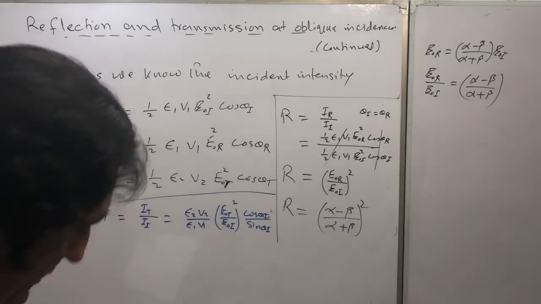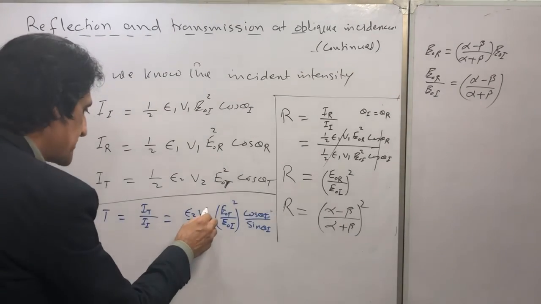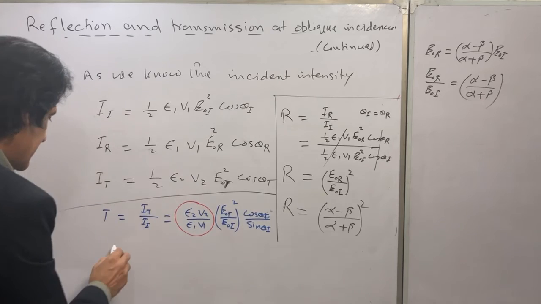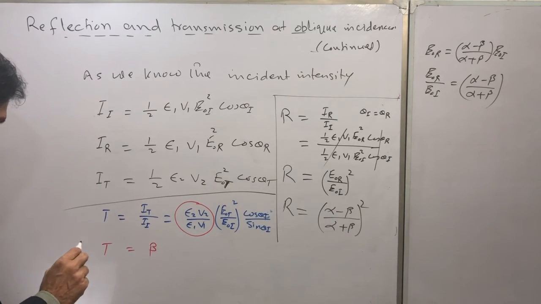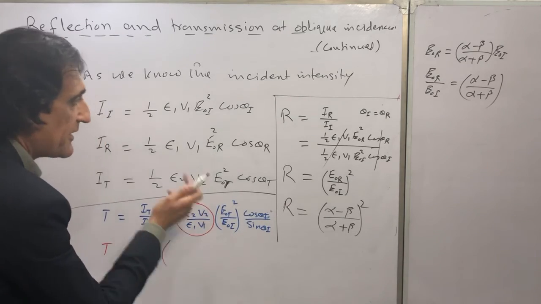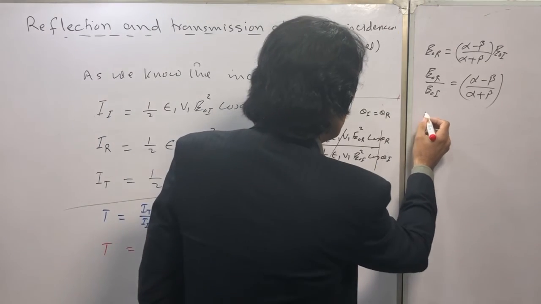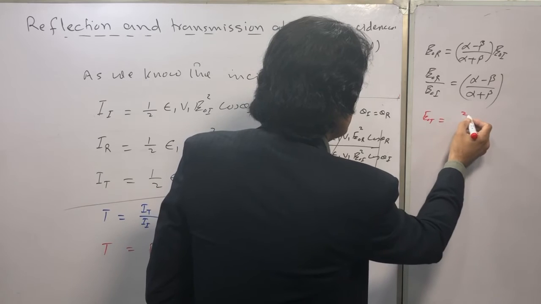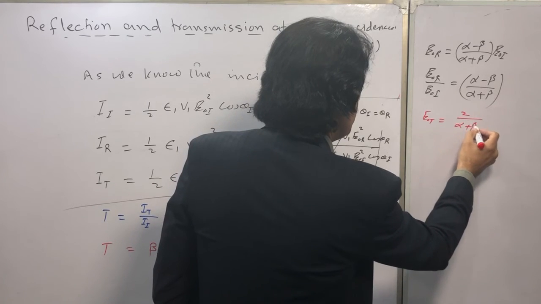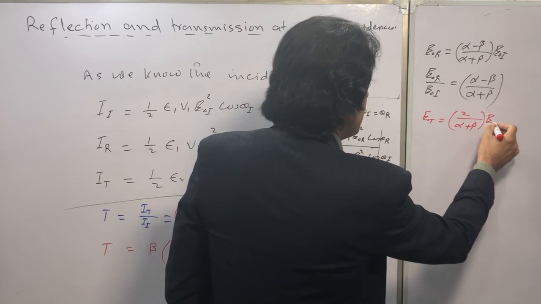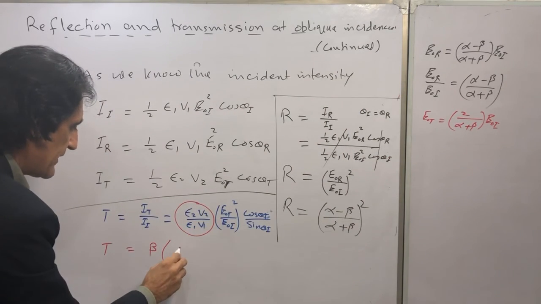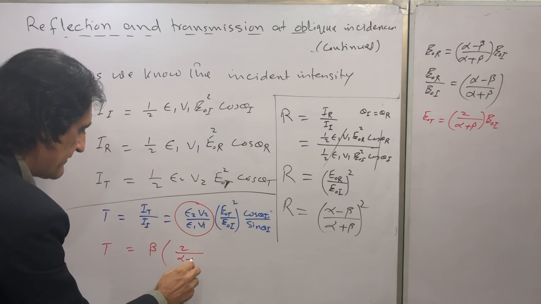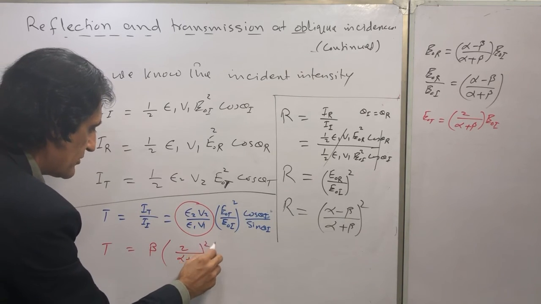If we look and find out, this term must be equal to beta, and for this term, from the relation E naught T equals 2 divided by alpha plus beta times E naught I, we can have 2 divided by alpha plus beta and whole square.